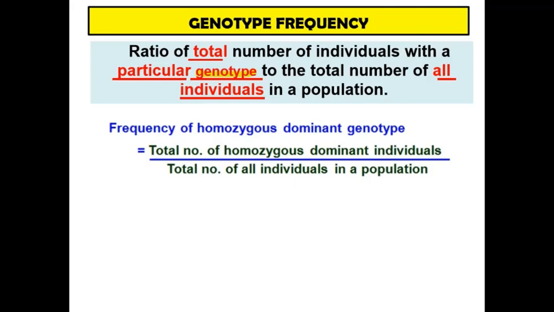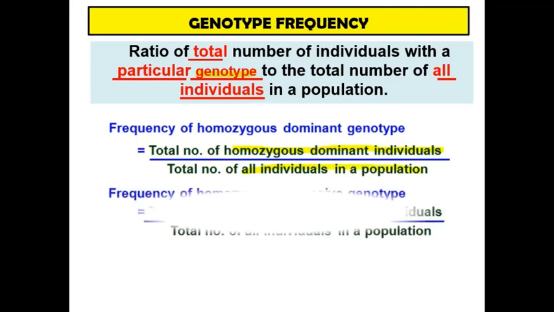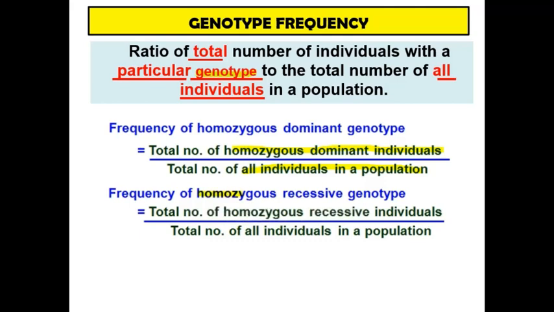The formula for the frequency of the homozygous dominant genotype is the total number of homozygous dominant individuals over the total number of all individuals in a population. Next, the frequency of the homozygous recessive genotype is the total number of homozygous recessive individuals over the total number of all individuals in a population.